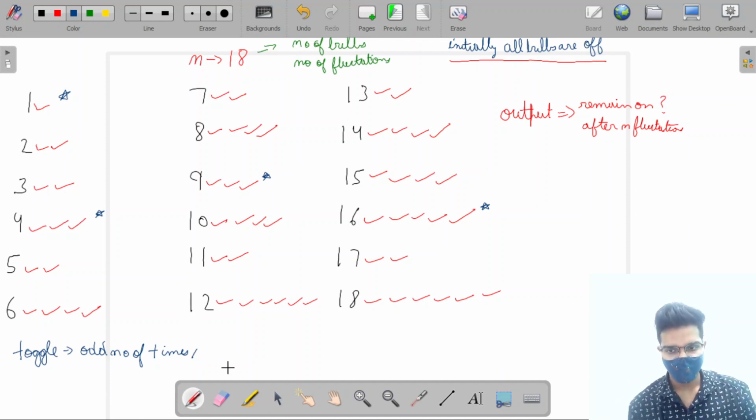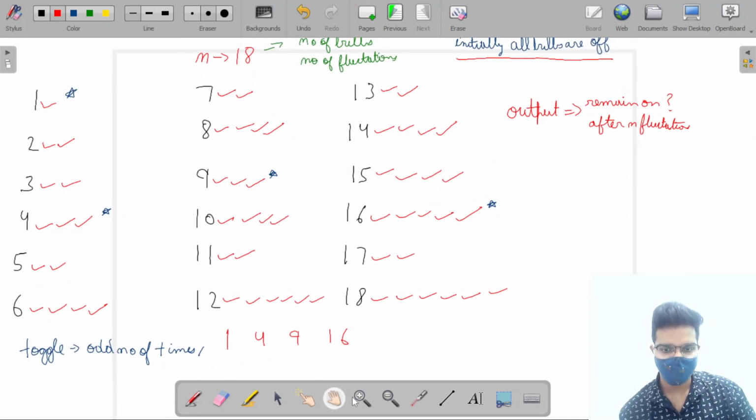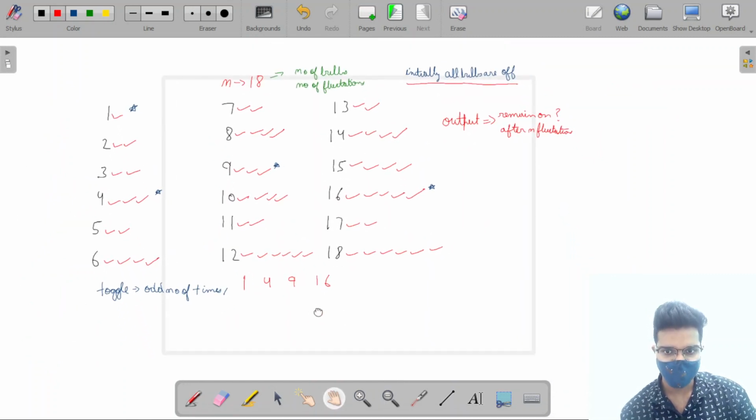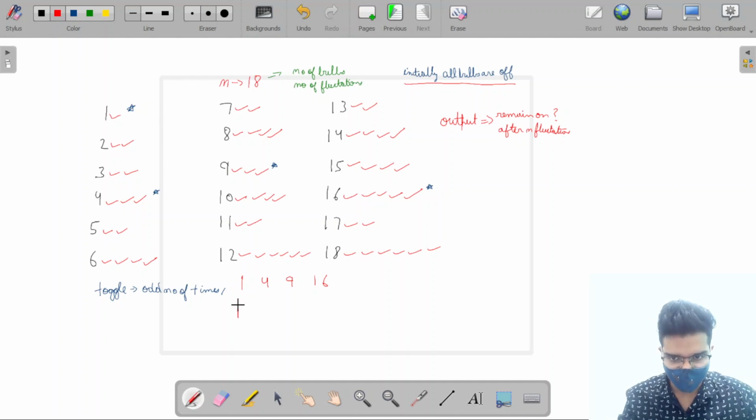For example, let's write our answers, the answer that we just got. So they are 1, 4, 9 and 16. So 1 is a complete square of 1, right?